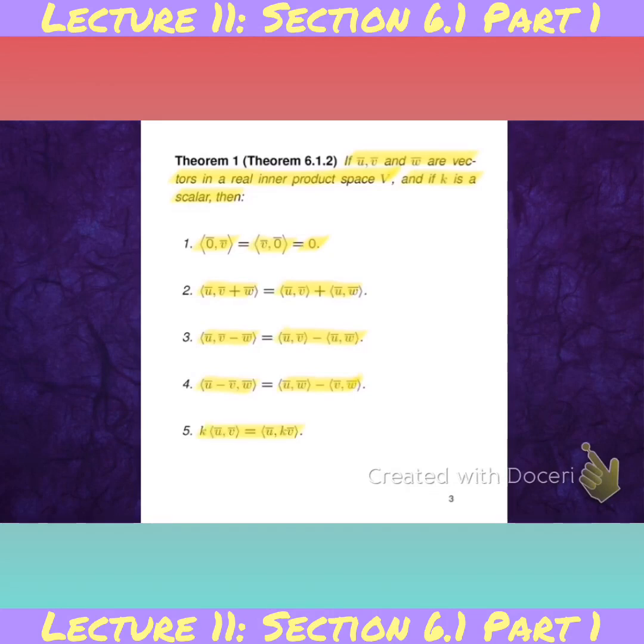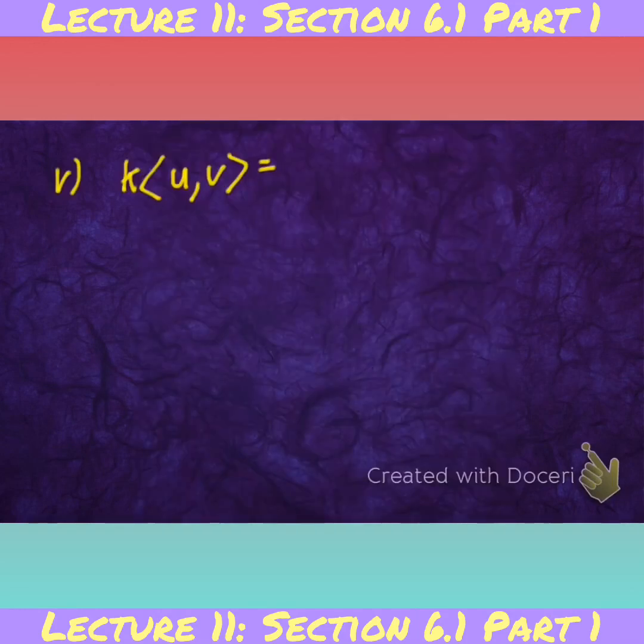Then the last property is property 5, and that's the scalar multiple property. Right, so if you take a scalar multiple of the inner product of u with v, that's the same as taking a scalar multiple of the inner product of v with u, and this comes from axiom 1. So we're replacing the inner product of u with v with the inner product of v with u.